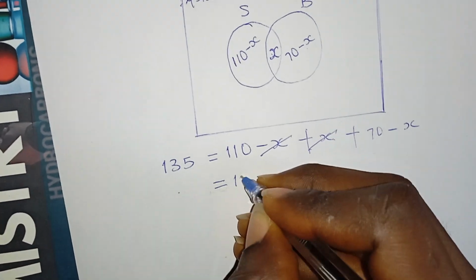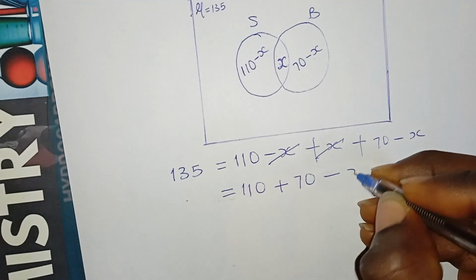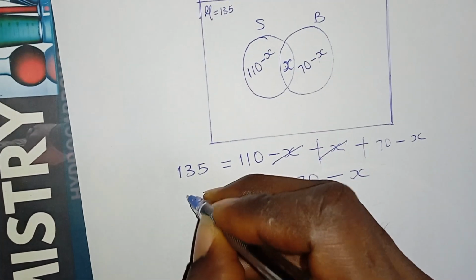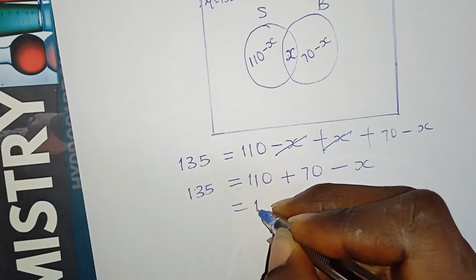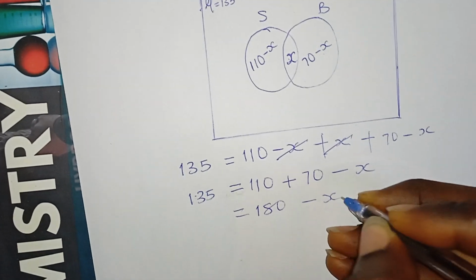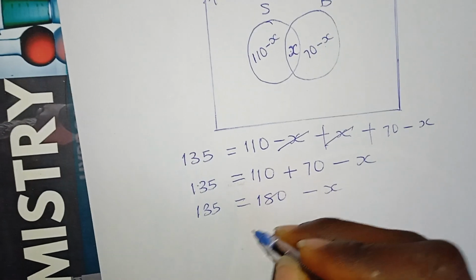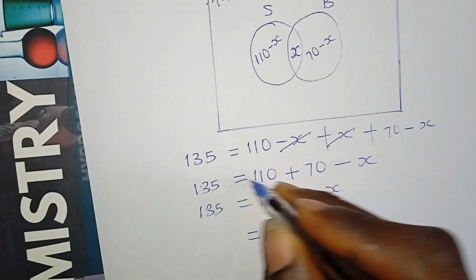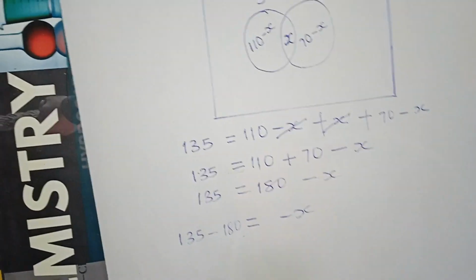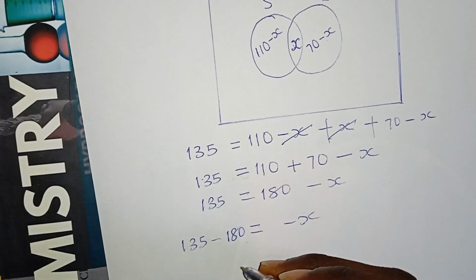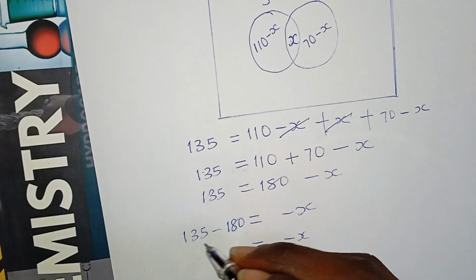So we'll now have 110 plus 70 minus X, which is 180 minus X, equals 135. Crossing the equality sign, it will be 135 minus 180 equals minus X. If you remove 100 here and 100 here, you're left with 80 and 35.